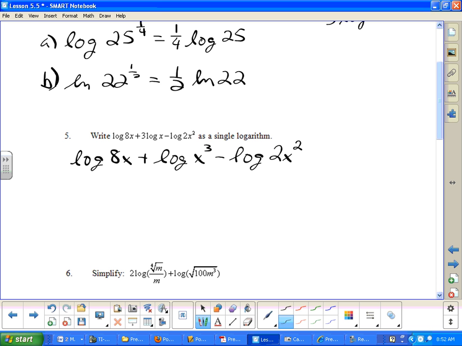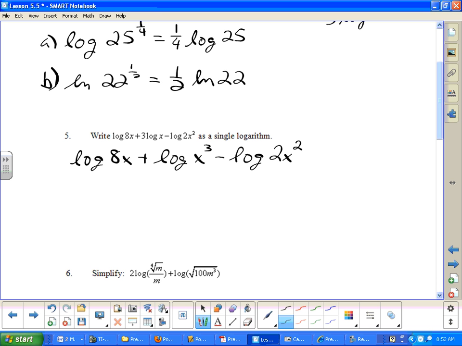Now the other thing you should always do, and in this case we don't have to worry about it because it's already in that order: when they're adding and subtracting, always make it so all the adding things come first and then the subtracting things. Usually students will get those switched around, because adding means to multiply when we're simplifying logarithms, and subtracting means to divide.